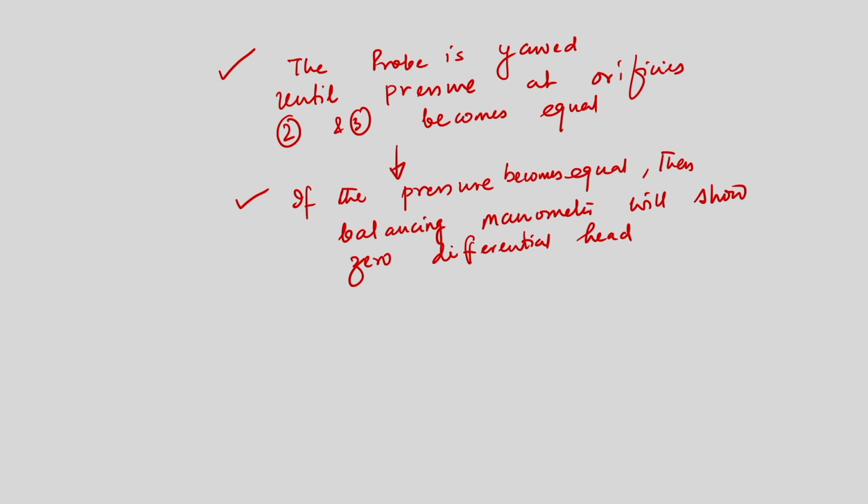So knowing the reading from the differential manometer, we can say now the pressure at points 2 and 3 is equal. So that is done by yawing the probe until they become equal.